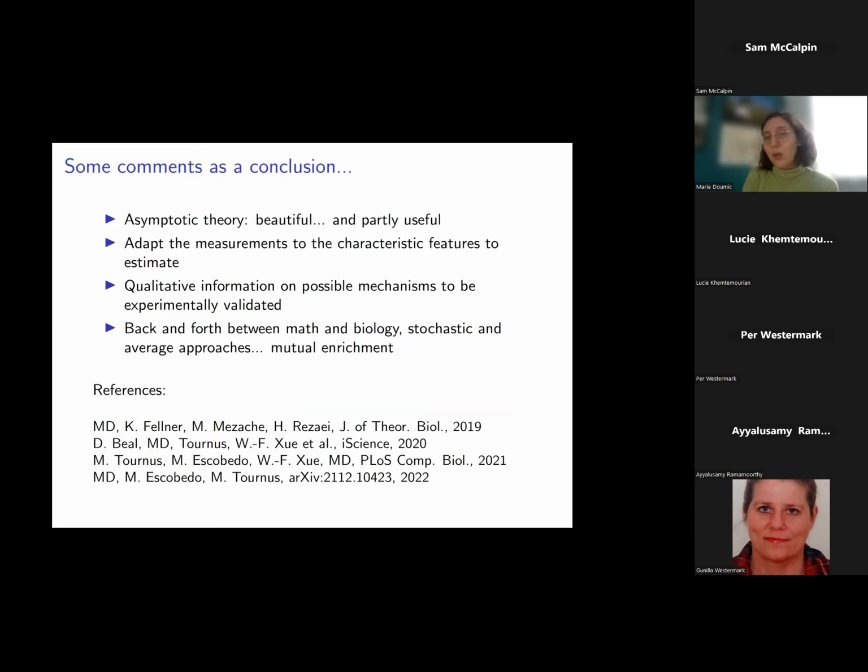And also it would be nice to adapt the experimental measurements to the question we have. And also math could help to propose mechanisms, even if we are not able to validate them, of course. And for this, it's once more the work of biologists. And I really enjoyed very much all this back and forth between math and biology, and I hope to continue a long time still. Well, thank you very much.